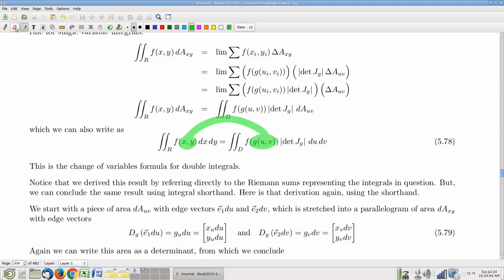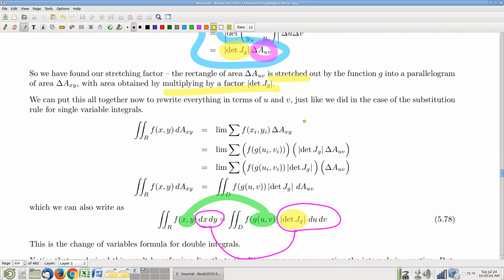All I have to do is be careful about how I rewrite area in the xy plane. I can't just say xy area is equal to uv area. Of course it's not. It's different. It got all stretched out by this g function. All I really have to do to fix it is insert my stretching factor, which is this Jacobian determinant right there.